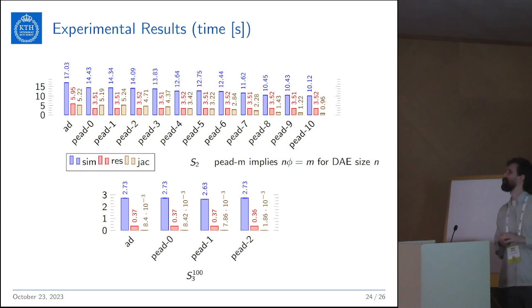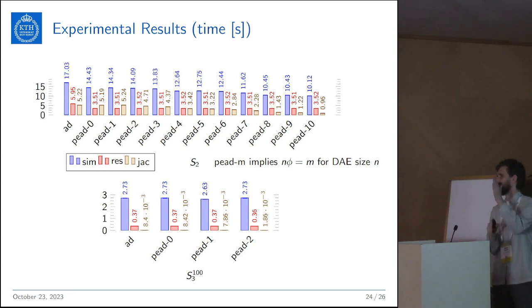Is that kind of connected to the sparsity of the Jacobian? Yes, because in order to do this index reduction, we have to have information on the structure of the underlying differential algebraic equation, so we know which variables will appear in which equations. This means we know for sure that some of the partial derivatives will be exactly equal to 0 all the time, so we don't need to evaluate those.